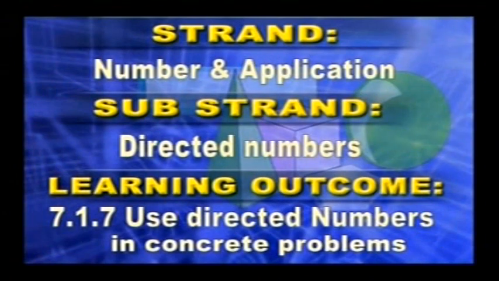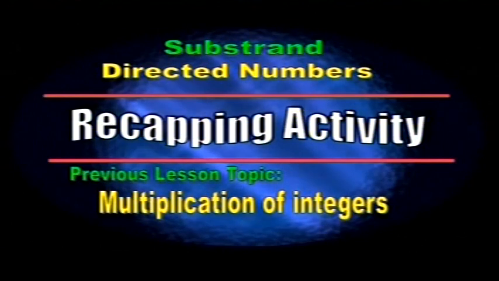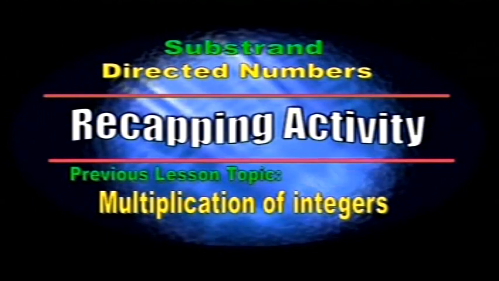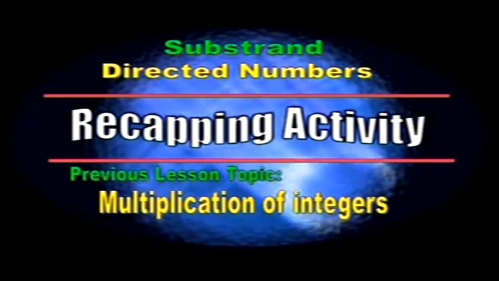To the receiving teacher, we're still on the same strand, same substrand, same learning outcome. To the receiving students and 7As, let's look at what we have learned in our previous lesson.